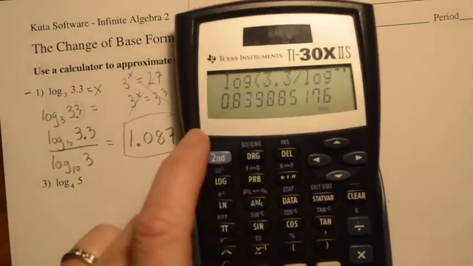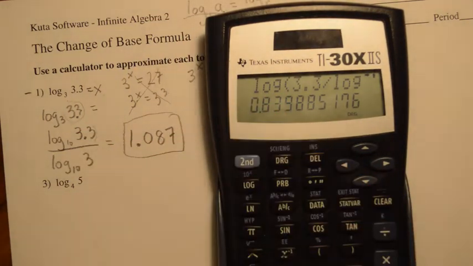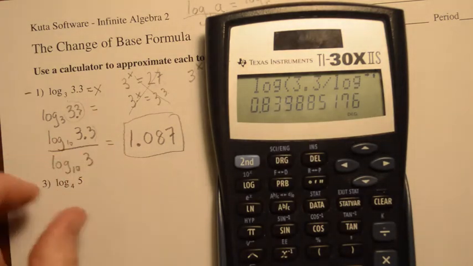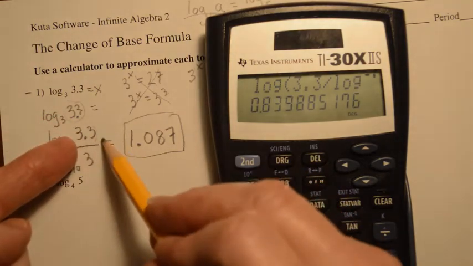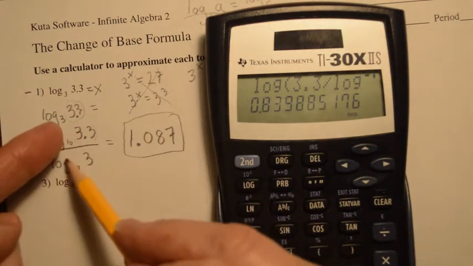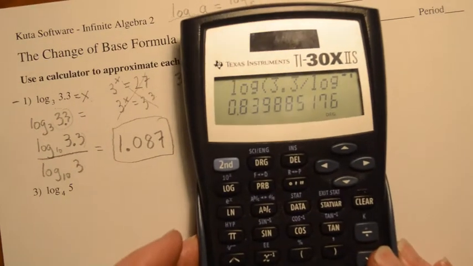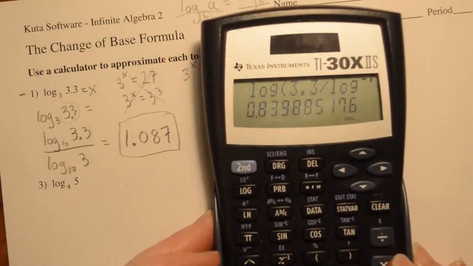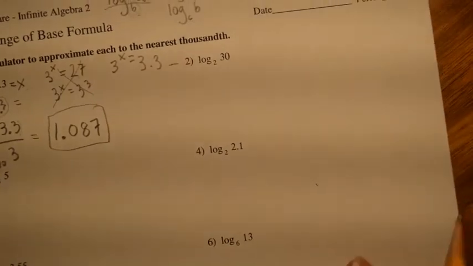So make sure that you close the parentheses after you enter this 3.3 in, and then divide, because again, order of operations says it's going to do whatever's in the parentheses. So if you start the parentheses here but don't close it, it's going to keep doing whatever you say after that before you end the parentheses. All right. I know I said second thing, but I can't remember what it was. But anyway, let's move on to number 2.